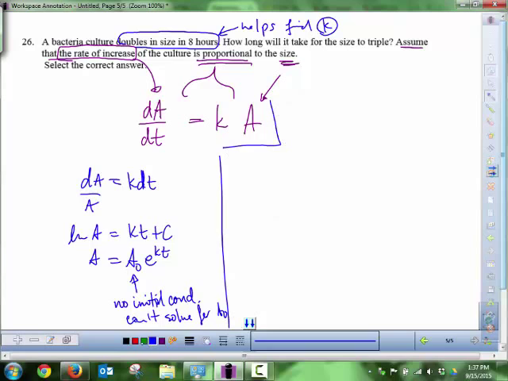Let's try to answer the question. Before we answer the question, let's use this information to help us solve for k. A of 8, it doubles in 8 hours. So if we had A naught to begin with, A of 8 should equal 2 times A naught, and this is equal to A naught e to the k times t, which we said was 8 hours.